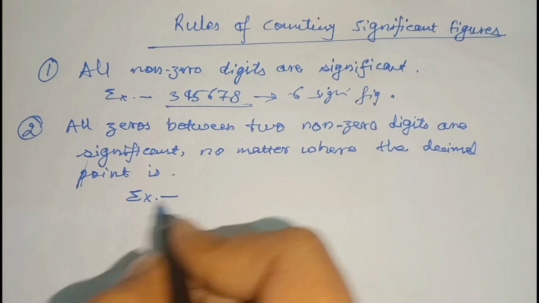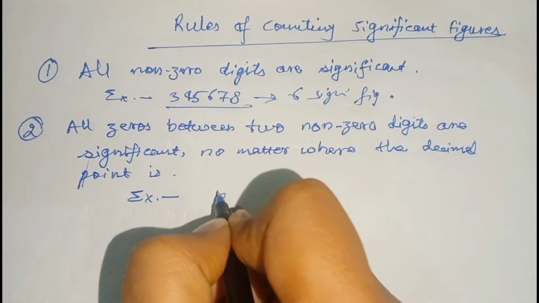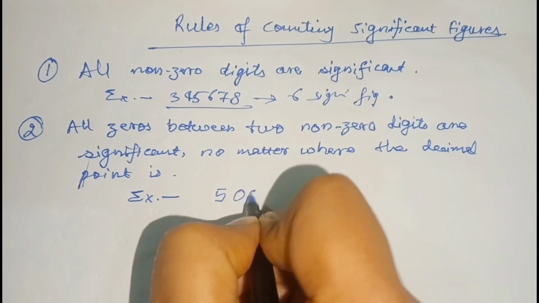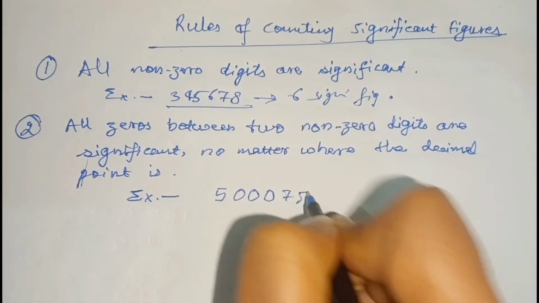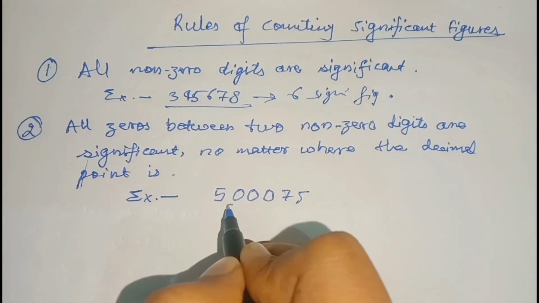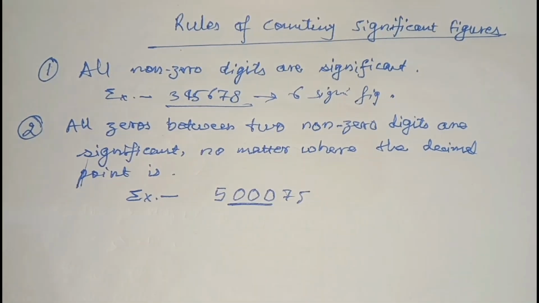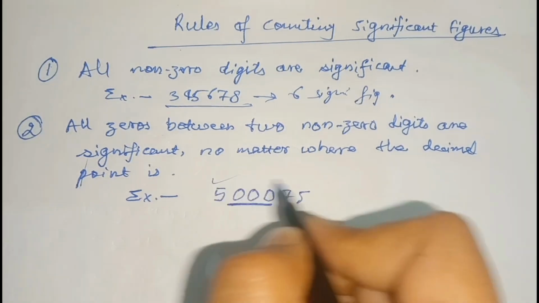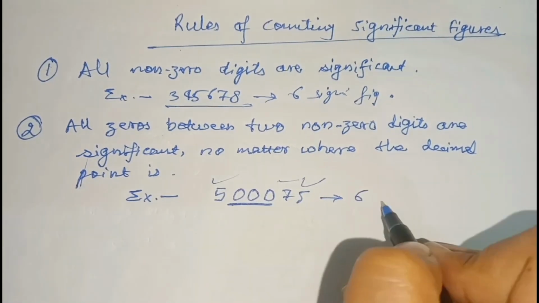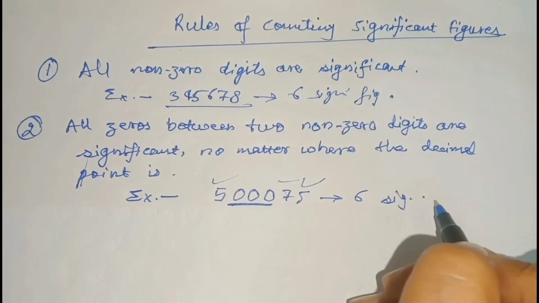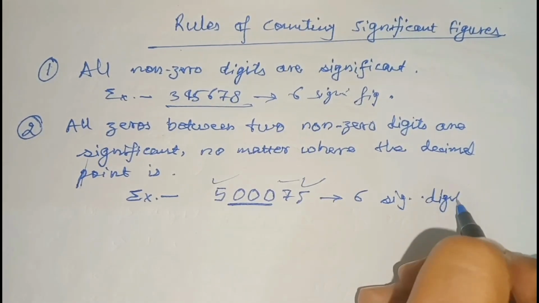For example, 5 double zero, suppose it's 500075. Here all three zeros will be counted as significant, and the non-zeros are always significant. So it has 6 significant digits.